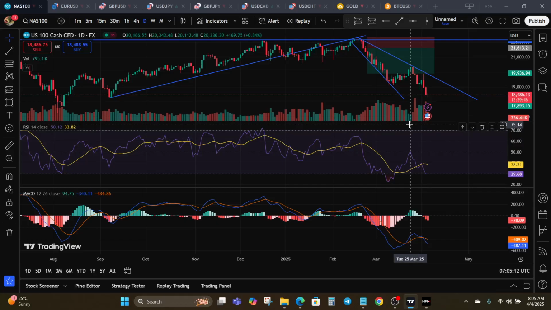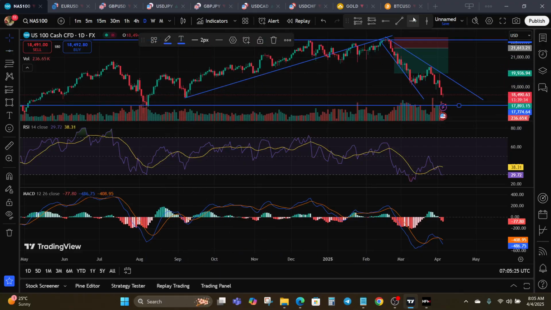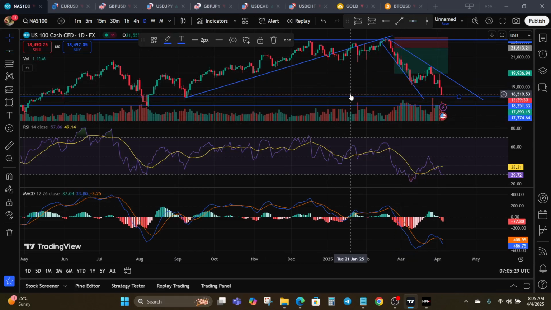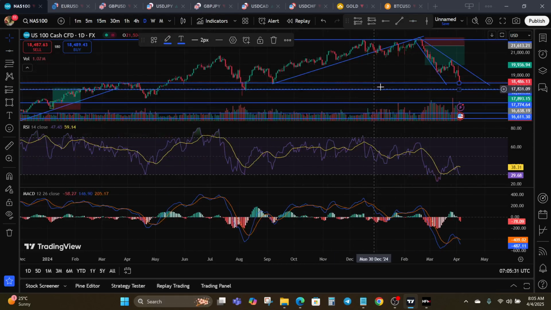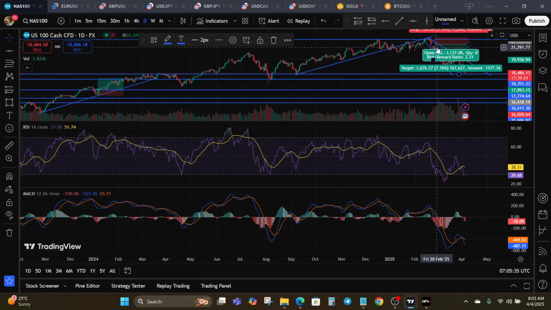Then finally, you need to understand market psychology. Every top and bottom reflects a psychological shift. Tops form when the bulls run out of steam and sellers take over.